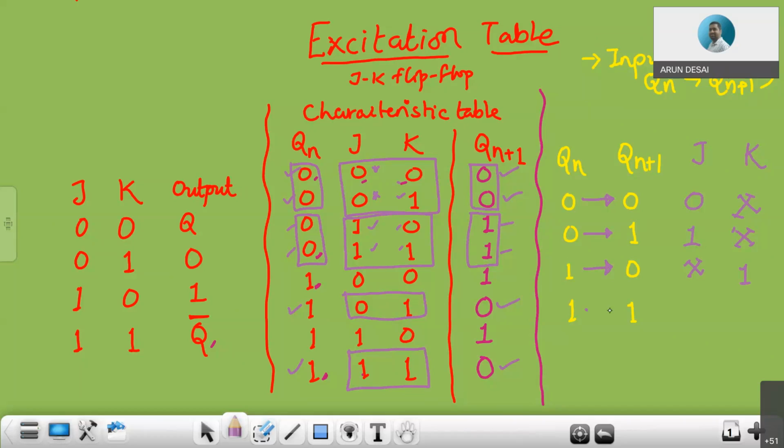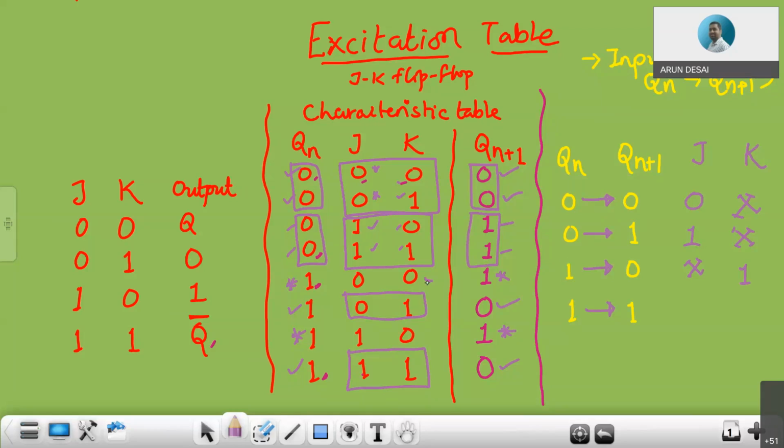Then the next row. My current output is 1, and what would my next output be? Again 1, right? So what combinations are there as 1, 1? Those two combinations, right? The current output is 1 and the next output is always 1, right?